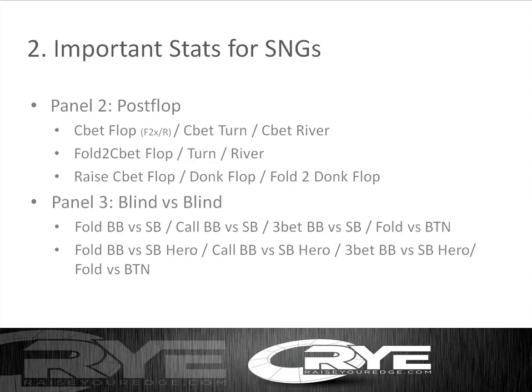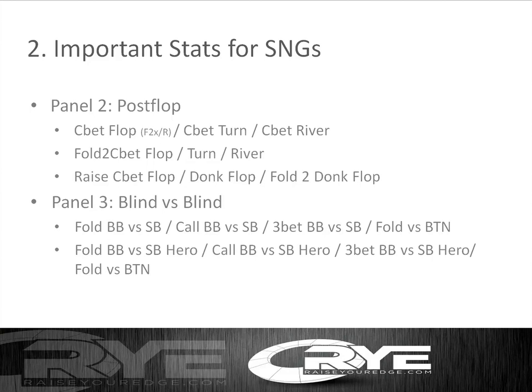Okay, let's move on to the third panel. The third panel is for the steal situations, especially for blind versus blind situations. So we have fold big blind versus small blind, call big blind versus small blind, and 3-bet big blind versus small blind. I think these stats are the most important ones.